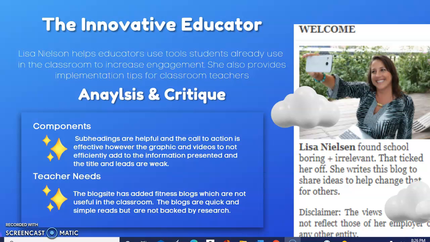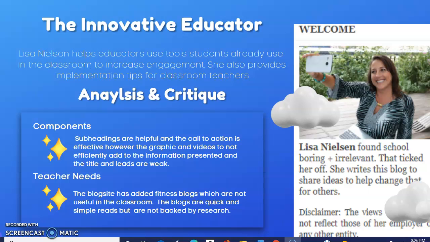However, the graphics and the videos do not truly add to the information that is presented. The graphics and the videos are YouTube videos made by someone else. And the way the title and the lead is presented isn't very strong. It doesn't draw the reader in.